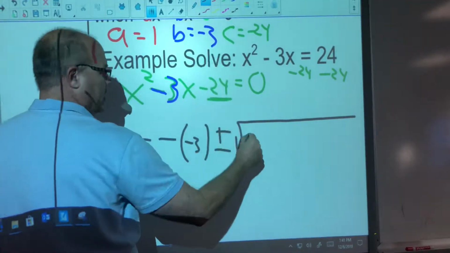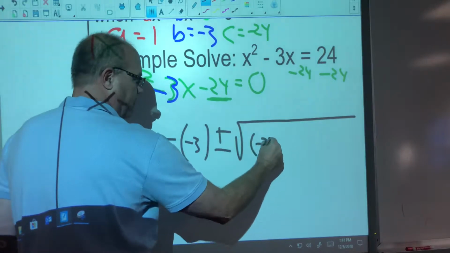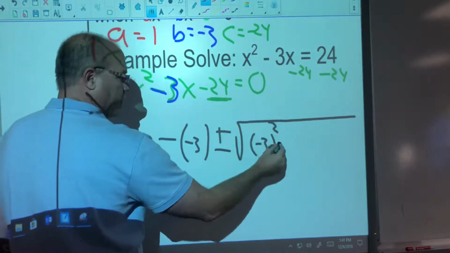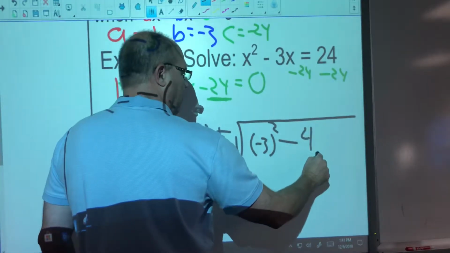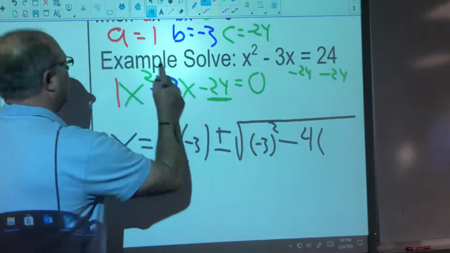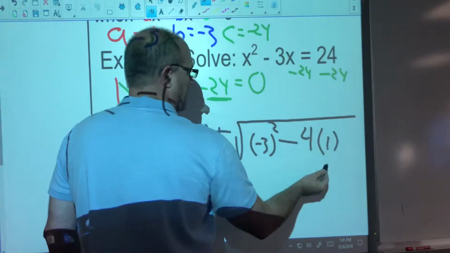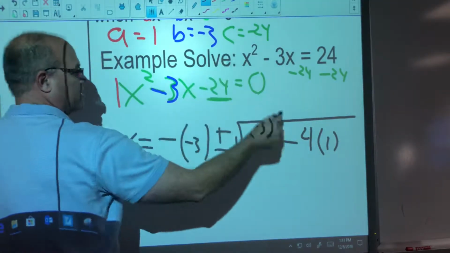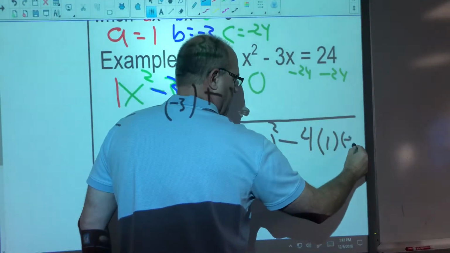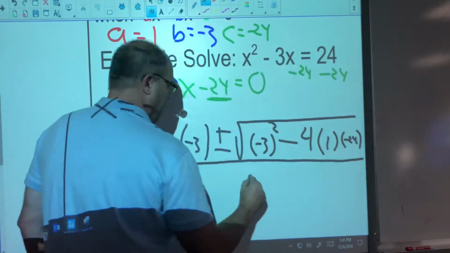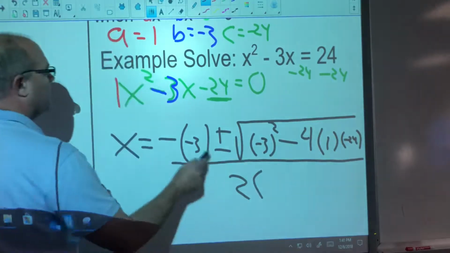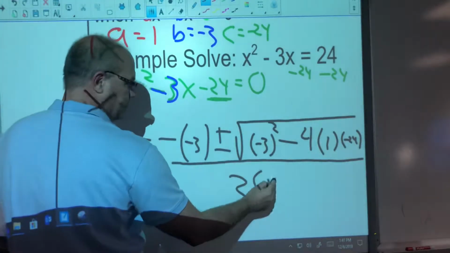I'm going to plug in again, negative 3, squared, that's b squared. Subtraction sign, minus, positive 4, multiplied by a is 1. Multiplied by c, which is negative 24. And this is all over 2 times a, which is the 1.